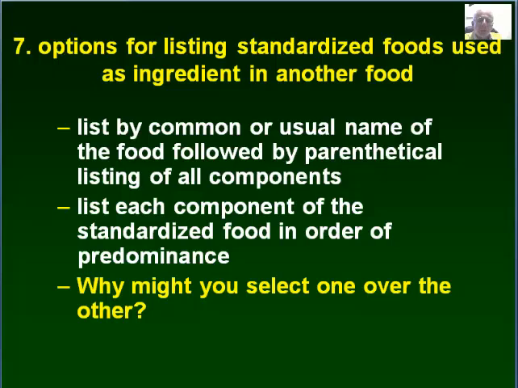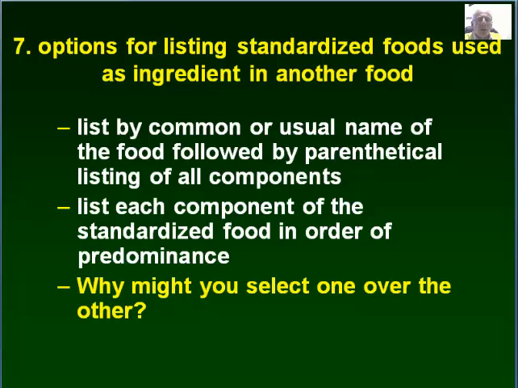As you look at the bottle of Heinz ketchup, and you look at their ingredient list, there's a whole list of ingredients that are part of that ketchup. It's a standardized food. You can include the ingredients in that product in the ingredients for your product in one of two ways.